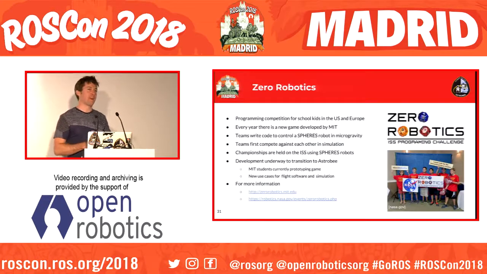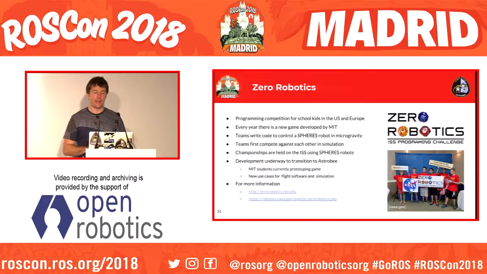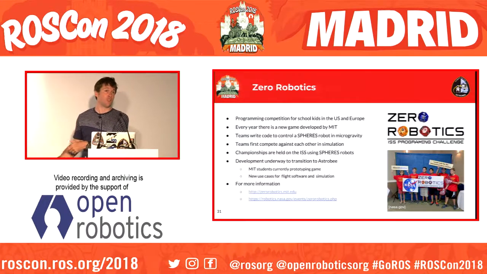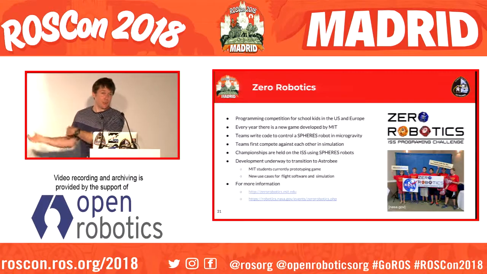And then the other thing I ought to mention is Zero Robotics. This is a really neat project at NASA and MIT. And it is essentially a competition that has kids code control algorithms for Spheres robots and then have it execute on orbit. So they first test against each other in simulation, and ultimately it's uploaded to the space station, and their code runs on a real robot on the space station.